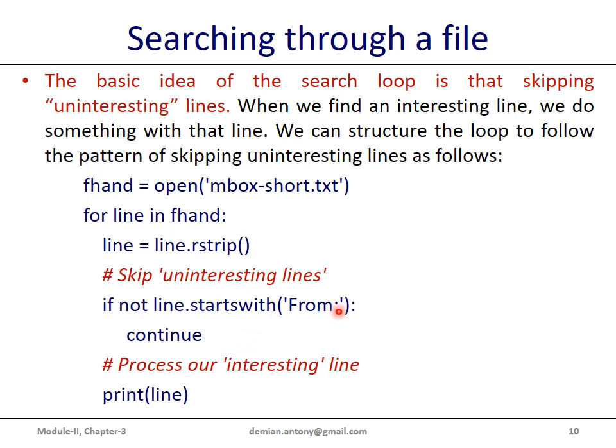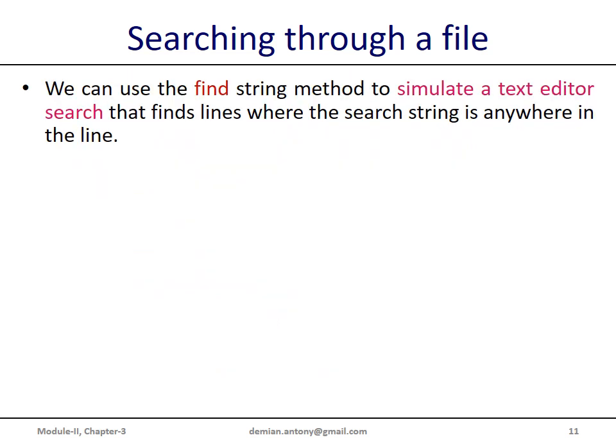This code is to skip the uninteresting lines. That means we are not interested if something starts with anything other than "From", and if something starts with "From", definitely you process it. So you can see if not line.startswith('From'), you continue. That means you don't process the line. Only once it starts with "From" do you process the line.